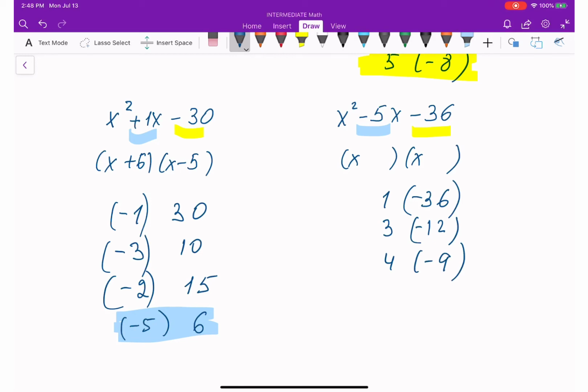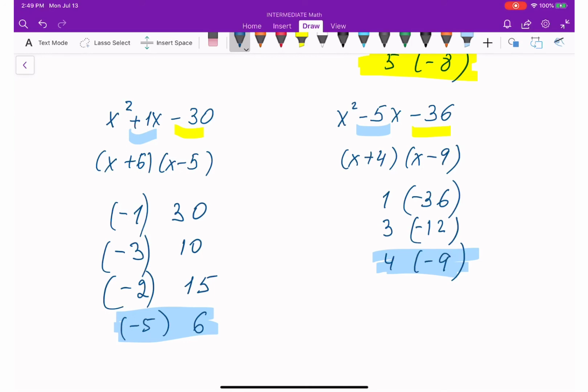Is there anything else? I don't recall anything else. But I already see my answer in there, which is going to be this one, 4 and negative 9. Since I already see my answer, to be honest with you, I don't even care if there are further factors. So I have what I need already. So plus 4. And to answer your question, no, there are no other factors that you multiply to get 36. All right, this is 4, this is negative 9. We got it.